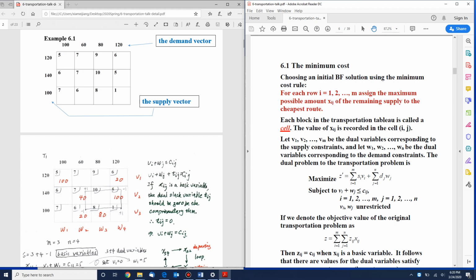And then when we look at the markets, we only need 20 in market 2 and we need 80 in market 3.